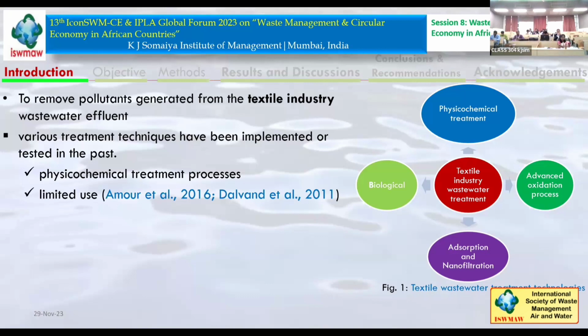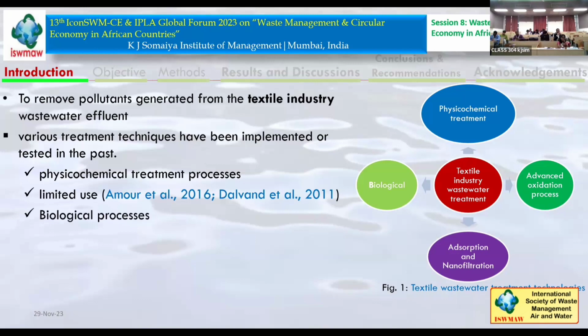However, to remove those pollutants, this physical-chemical treatment process uses chemicals. So at the end of the treatment process, it will produce a large volume of sludge. Because of this, the use of physical-chemical treatment process to treat textile industry wastewater is of limited use.